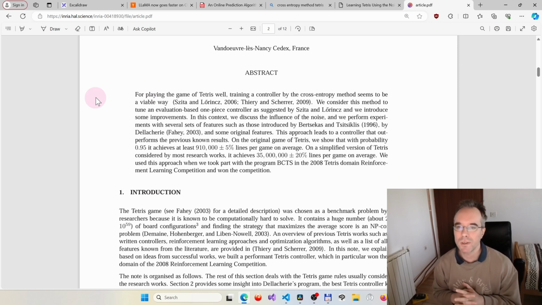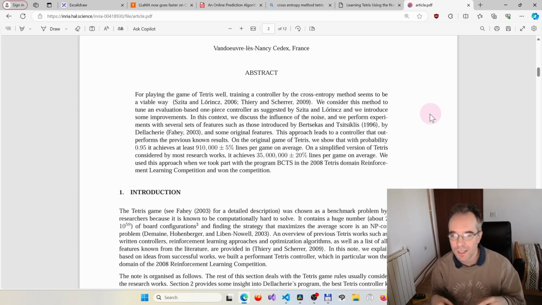Let me quote the abstract. For playing the game of Tetris well, training a controller by the cross entropy method seems to be a viable way. We consider this method to tune an evaluation-based one-piece controller as suggested by Szita and Lőrincz, and we introduce some improvements. In this context, we discuss the influence of the noise, and we perform experiments with several sets of features, as those introduced by Bertsekas and Tsitsiklis. Okay, I won't try to pronounce all of these names. This approach leads to a controller that outperforms the previously known results.